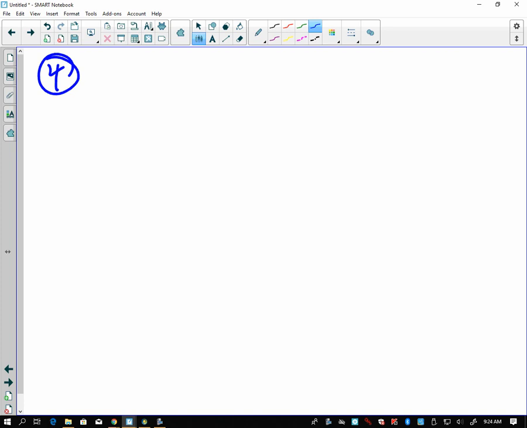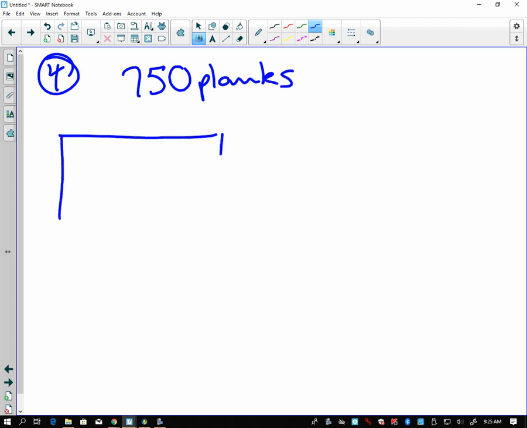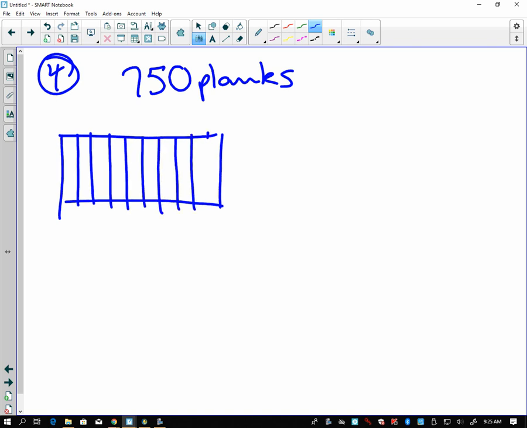All right, let's see. We'll say a fence. A fence has a total of 750 planks. So a fence, you're looking at something that looks like this, right? That's what a fence would look like if I was to illustrate it, and we're getting 750 of those.